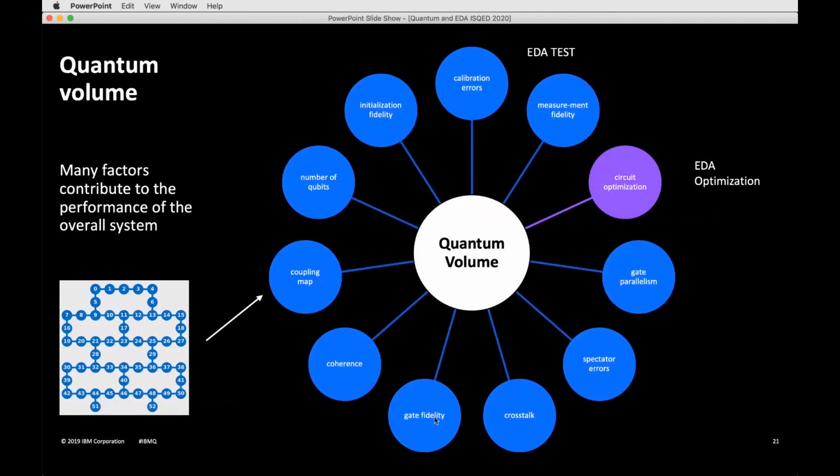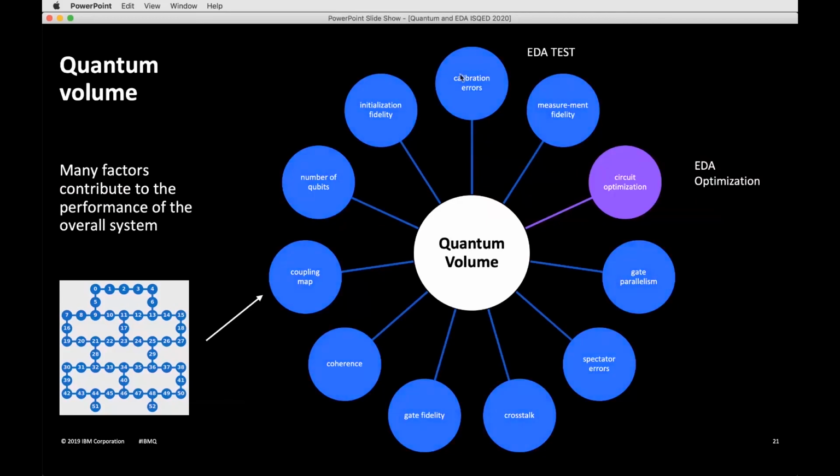The other part is how do we test, calibrate, and program these chips. As I mentioned, there's a lot of calibration taking place early on, where we send a bunch of test circuits and calibrate the quantum computer by adjusting all the different types of pulses. And with that, we can significantly increase the measurement fidelity, the initialization fidelity, and reduce the calibration errors.